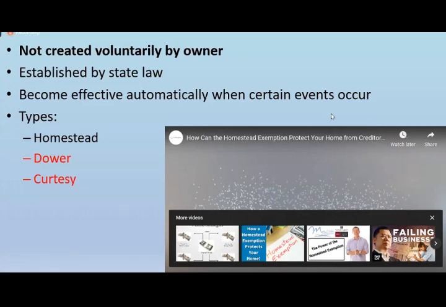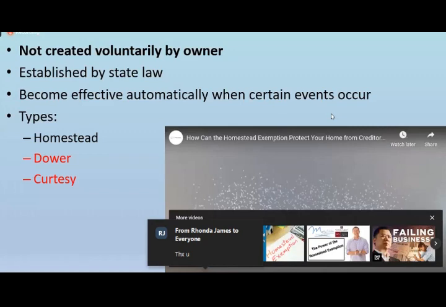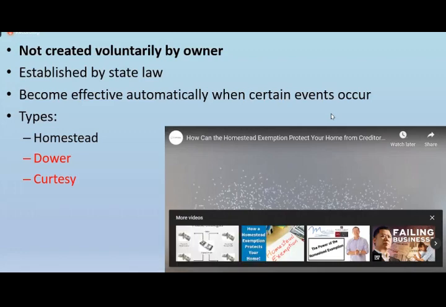Courtesy is an identical interest that a husband has in the real estate of his deceased wife. In general, the common law concepts of dower and courtesy have been abolished in favor of the Uniform Probate Code. The UPC gives the surviving spouse an elective share on the death of the other spouse.